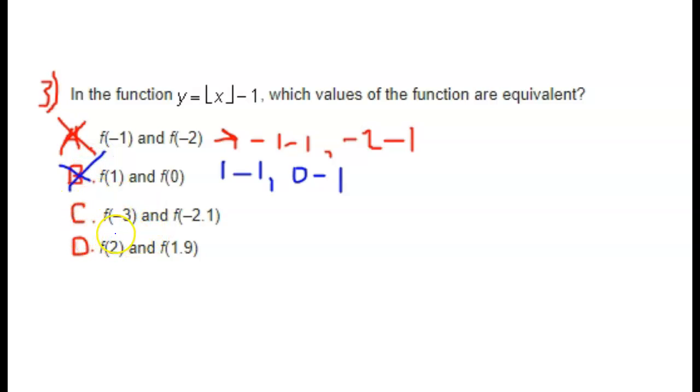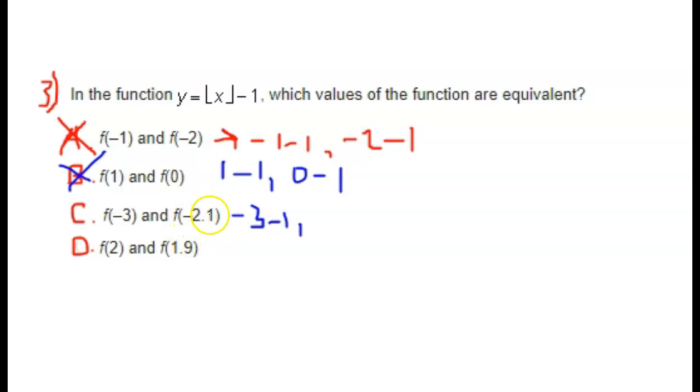Let's go to C. I plug in a negative 3. We know that's going to be negative 3 minus 1. I plug in a negative 2.1. What does the greatest integer function do? It says you round down to an integer no greater than what's in the bracket.